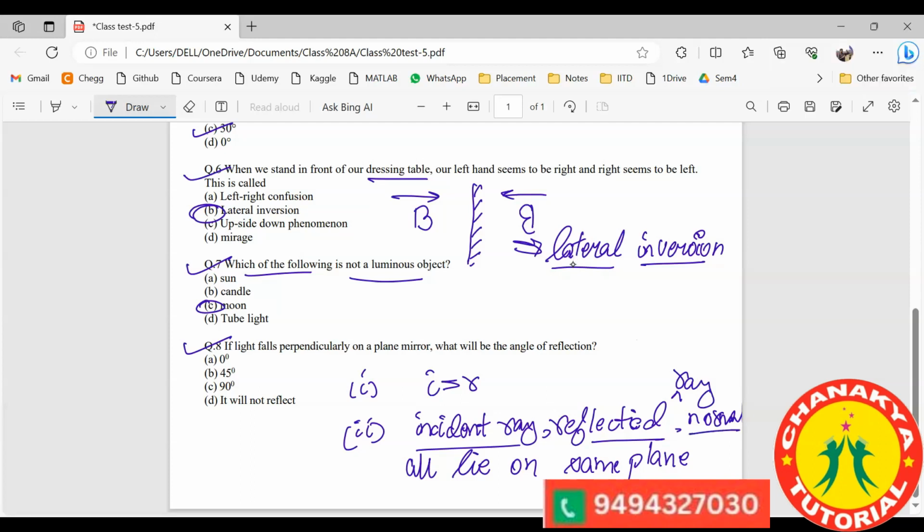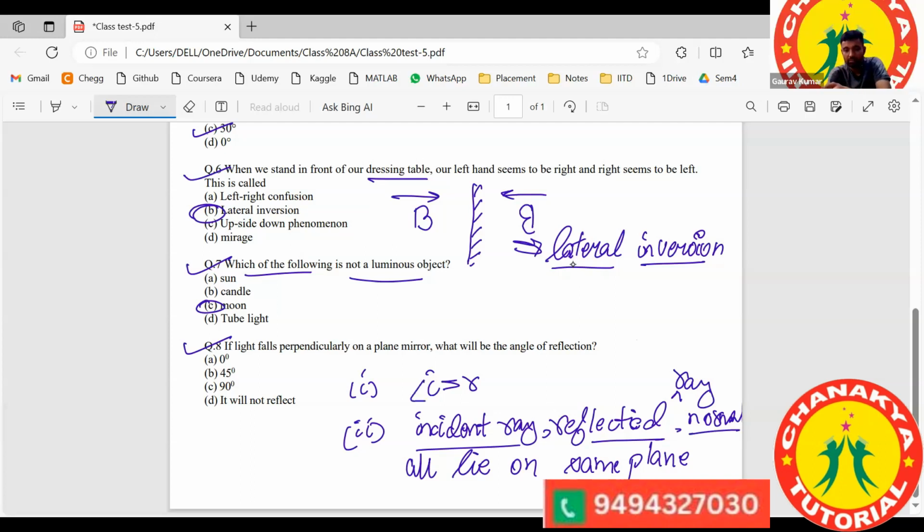Sir, in the first law, you did not put the angle symbol. I am not putting this one because, in your school, when your teacher taught you this topic, did they use the same symbol?